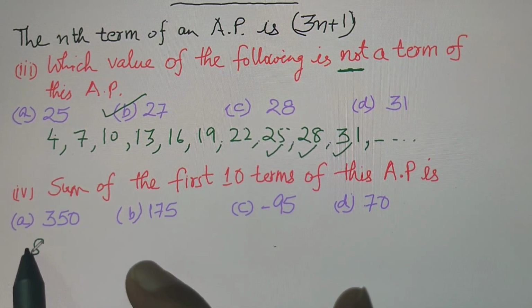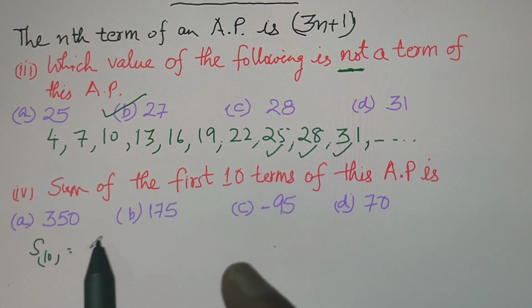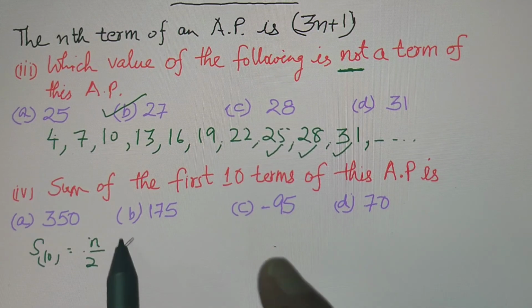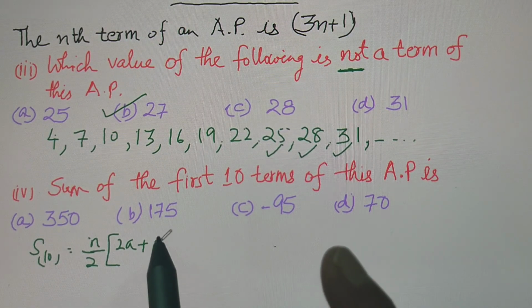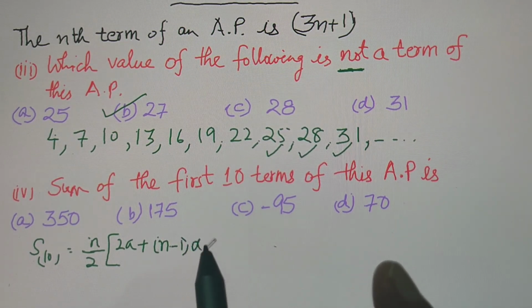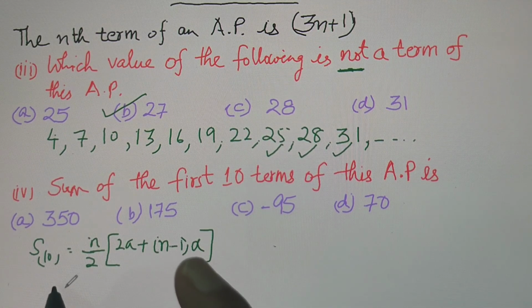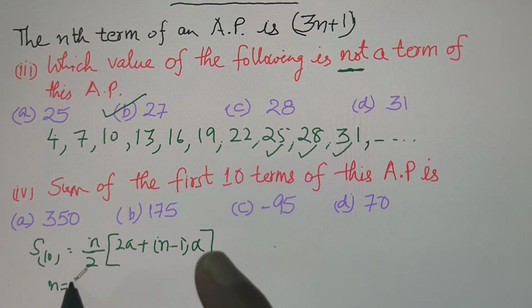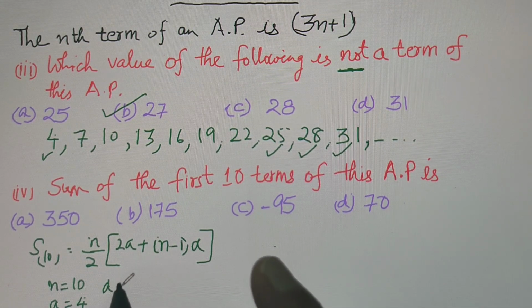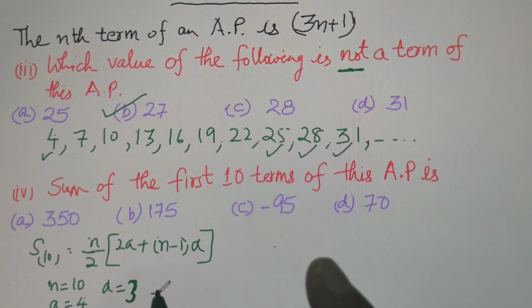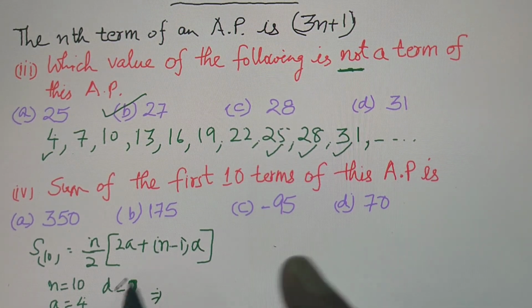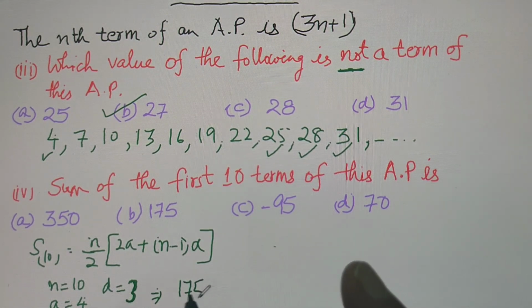Now this can be calculated by the formula n upon 2 times 2a plus n minus 1 d, where the value of n is 10, a is the first term, which is 4, and the value of d, which is the common difference, is 3. Now if we substitute these values here, we are going to get 175 as the answer.